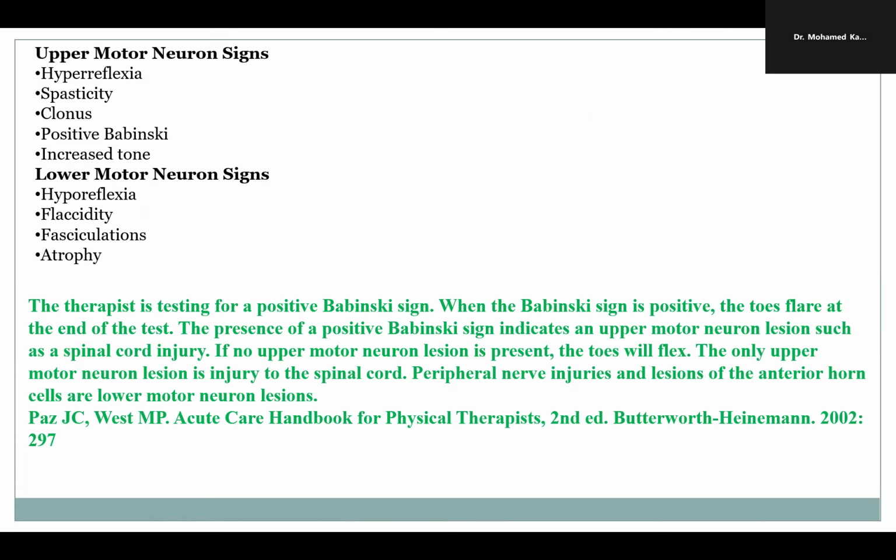And the take home point again: in a positive Babinski sign, the toes will flare and the great toe will dorsiflex or extend. This indicates an upper motor neuron lesion, such as spinal cord injury, which is option number 4.